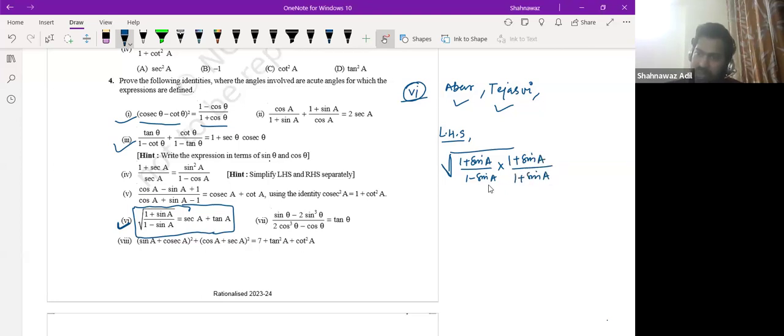So we have to rationalize with this one. In the numerator, we will get (1 plus sine A) whole squared. In the denominator, we will get (A minus B)(A plus B), right? So let me write.